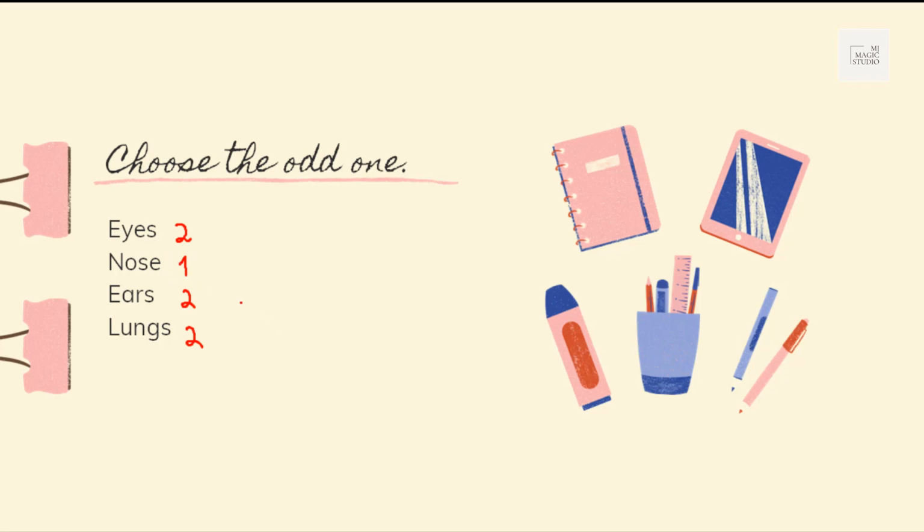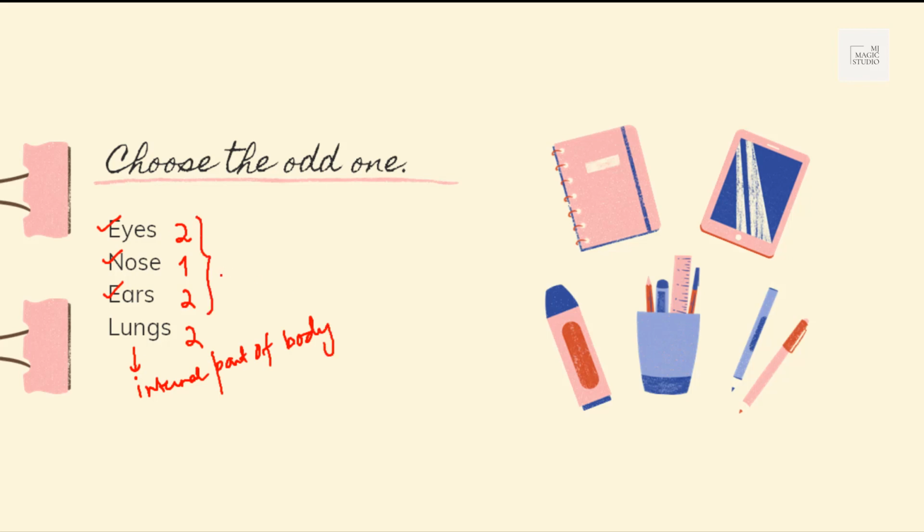Okay, I'll take that. But a more stable and more sensible classification would be that eyes, nose, and ears are parts of the external body, isn't it? These are external body parts, and lungs is an internal part of the body.